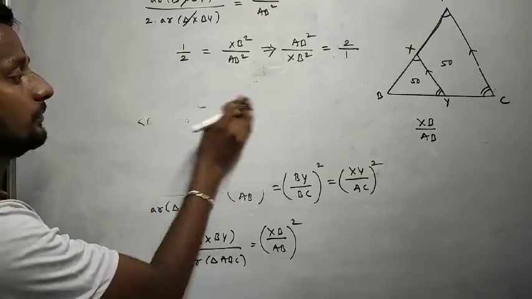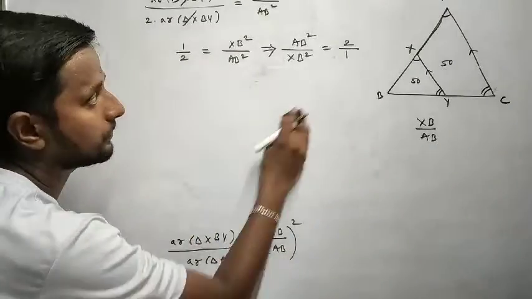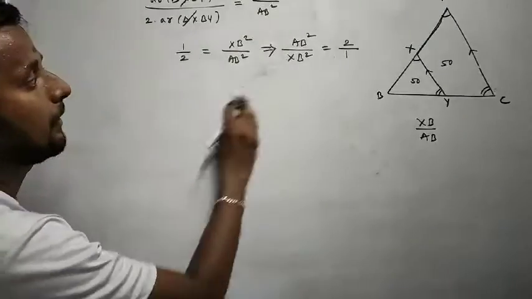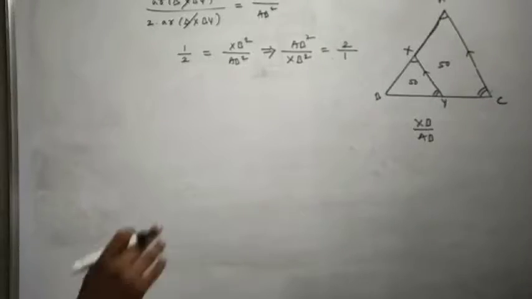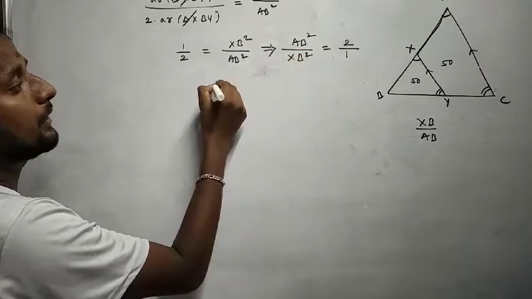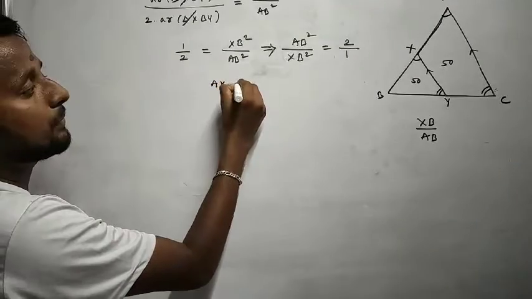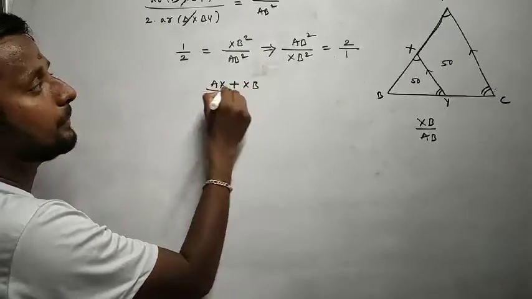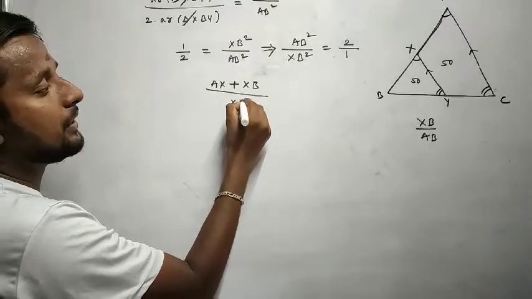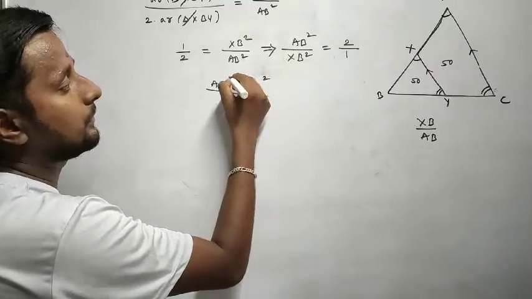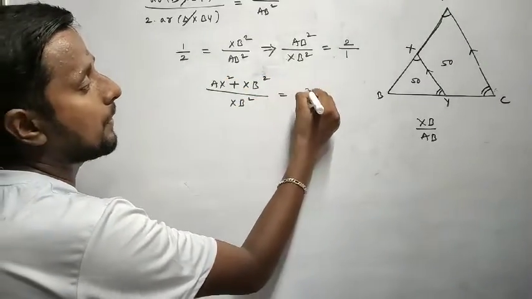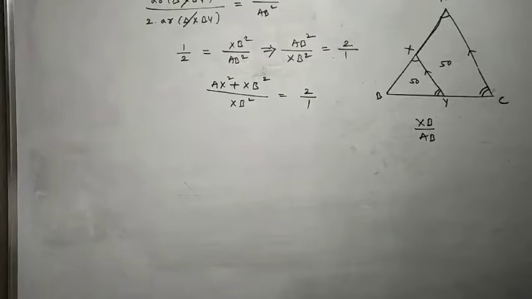Now separate it. So AB we will write as AX plus XB, correct? And XB square, right?